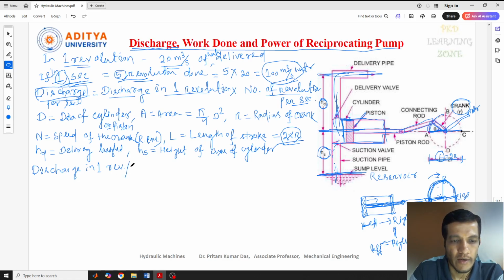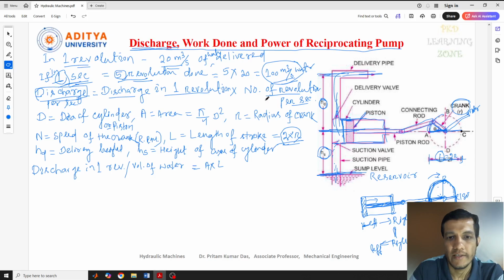This volume equals area into the length of the stroke.